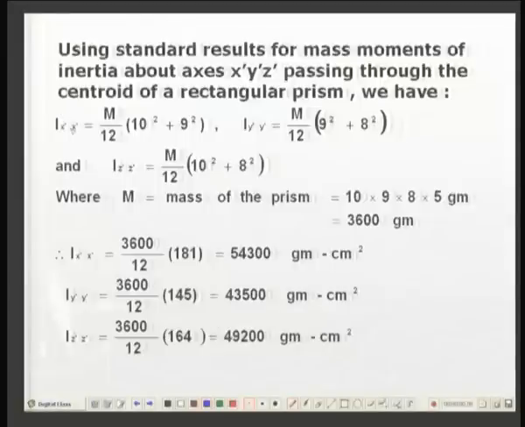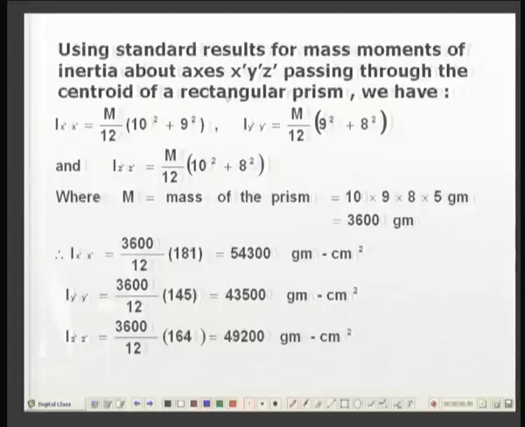Now, for I x dash, what you do is mass of the block divided by 12, this is for the solid rectangular block, into the 2 dimensions perpendicular to the x dash axis, that is 10 centimeter square plus 9 centimeter square. Okay.